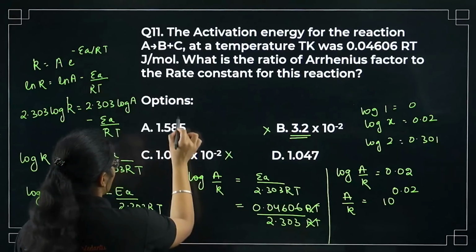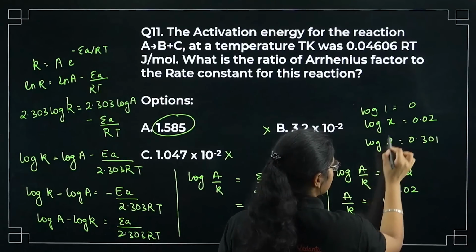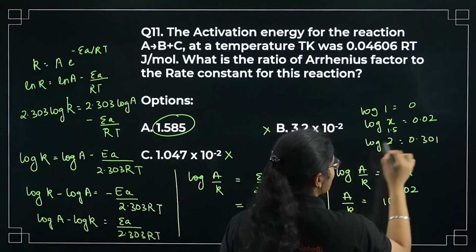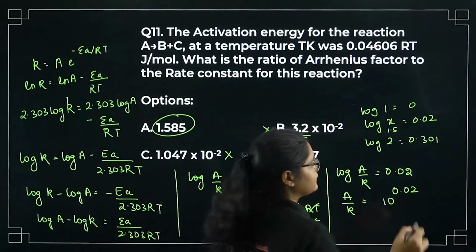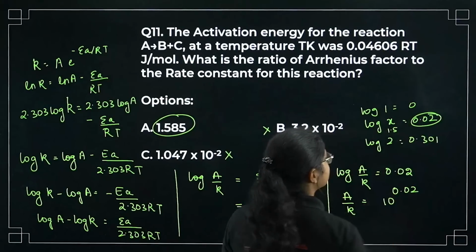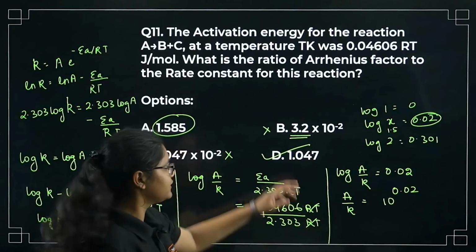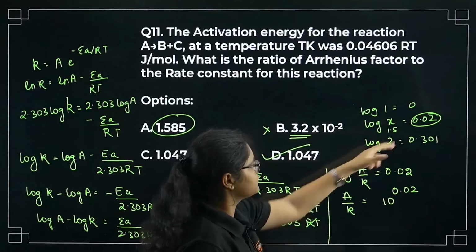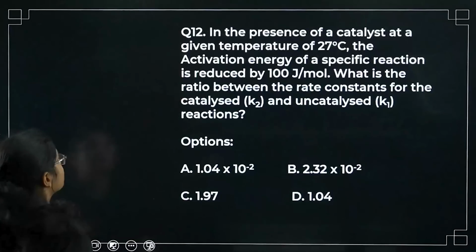Now you see log 1.5 comes somewhere in between log 1 and log 2, so the answer will also be between 0 and 0.3. The answer will not be very small like 0.02. So the correct answer has to be option number D. You can see log 1 is 0, and 1.07 will give 0.02. Okay, next moving to question number 12.